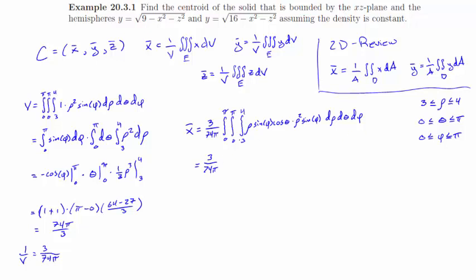All right, working through this, we have 3 over 74 pi. And again, we can break this up into 3 separate integrals. This is the integral from 0 to pi in the phi direction. In phi, we have a sine squared in here. And that's d phi. And then in the theta direction, from 0 to pi of cosine of theta d theta, times, we have a rho cubed, the integral from 3 to 4 of rho cubed d rho.